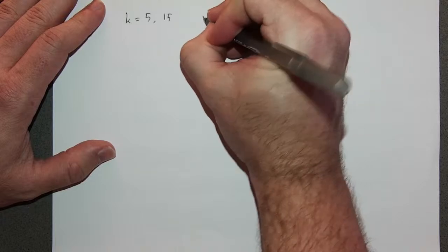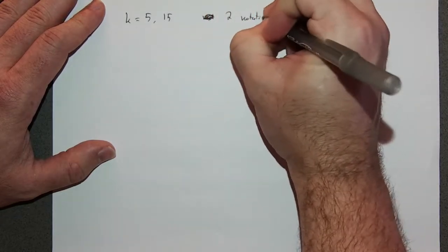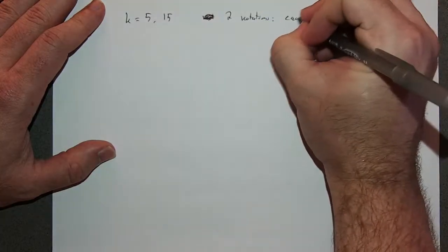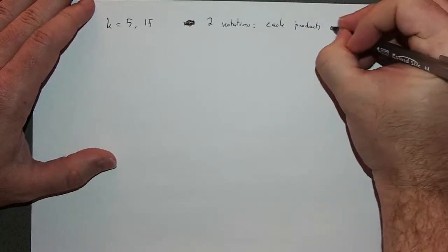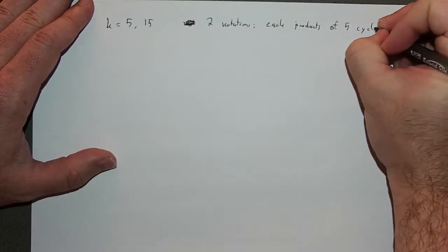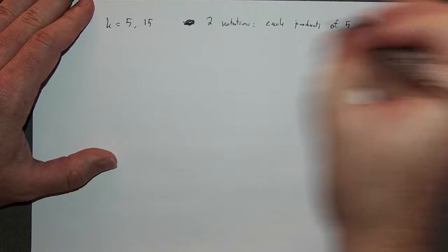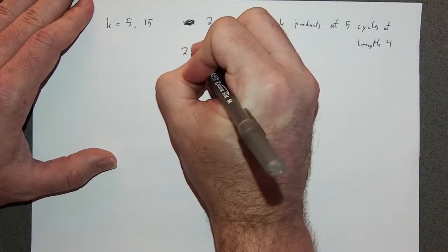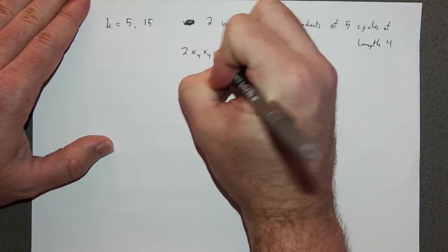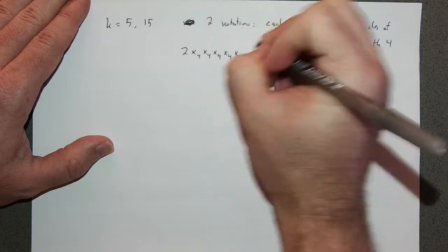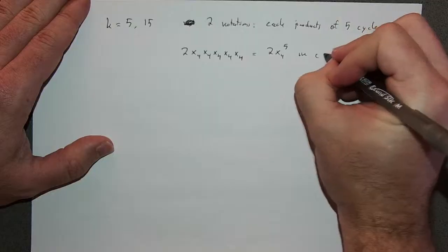So 2 rotations, each a product of 5 cycles of length 4. So this contributes 2 times x sub 4 times x sub 4 times x sub 4 times x sub 4 times x sub 4, which of course is 2 times x sub 4 to the 5th in the cycle index.